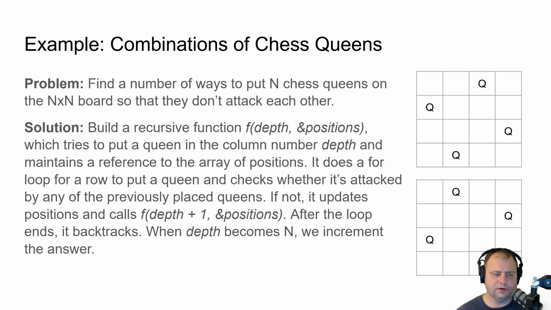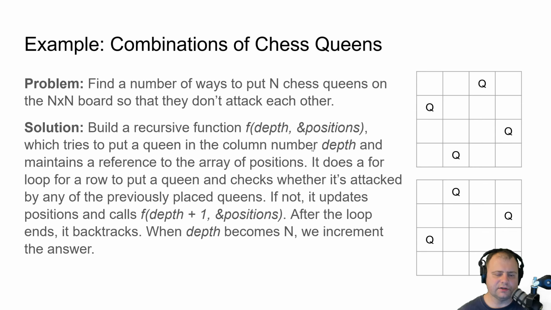So we would build a recursive function f(depth, positions), with a reference to the positions array, which tries to put a queen in the column number depth and maintains the array of positions of where the queens are in previous columns. It does a for loop for a row to put a queen, and then we do another loop checking if it's attacked by any of the previously placed queens.